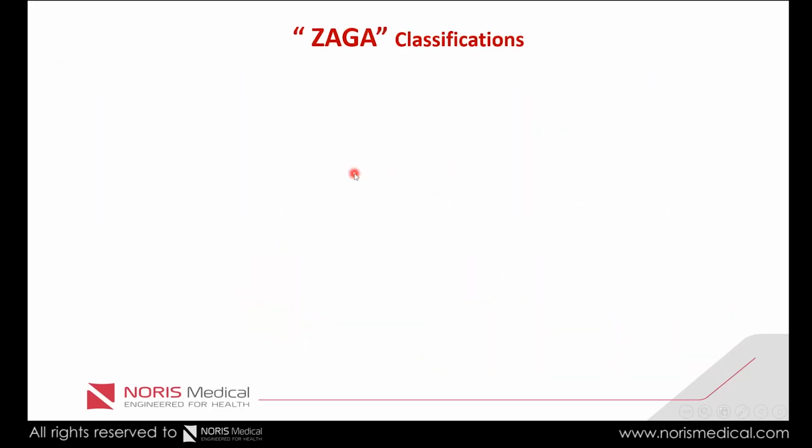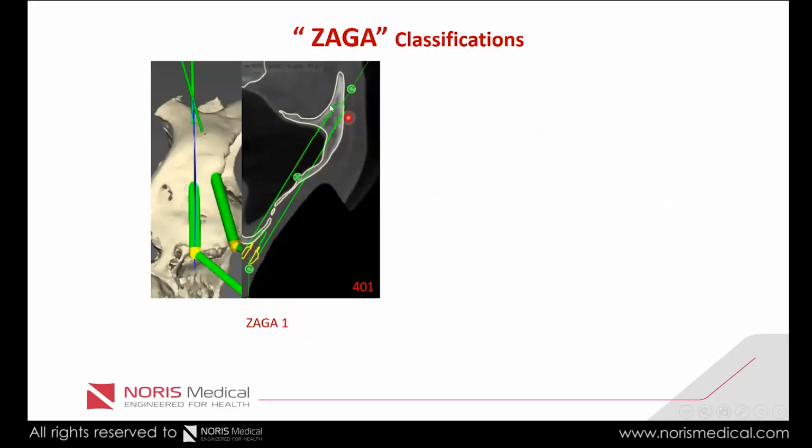If we look at some cases from my computer, this is how it would look at Zaga 1. Well, this one is basically something between Zaga 1 and Zaga 4, because the implant is only anchored in the zygomatic bone. It is, however, perforating the maxillary sinus wall.